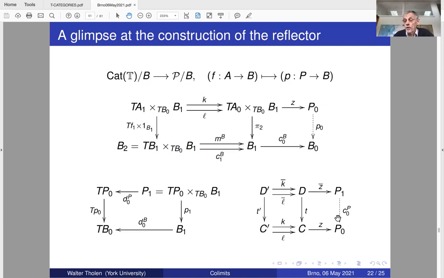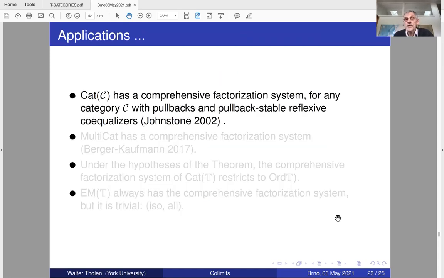Again, it's pretty long in our paper, and if one can do this more quickly, that would be nice. In the case that T is the identity monad, you can see a proof in Johnstone's Elephant, but it's very compactly written. And of course, it doesn't have the complication of the monad being involved.